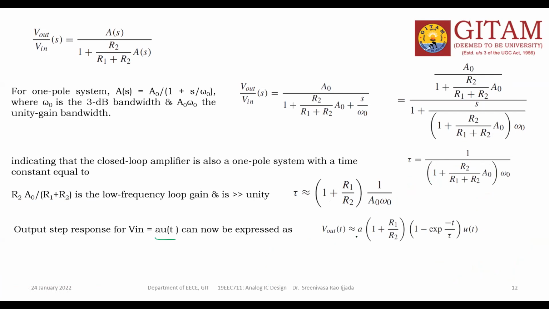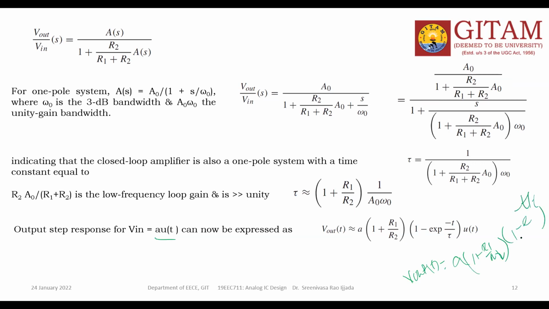The response of the system for the step input is V out of t equal to A, the constant, multiplied with 1 minus gain. Gain is 1 plus R2 by R1 here. So 1 plus R1 by R2 is multiplied with 1 minus e power minus t by tau into u of t.